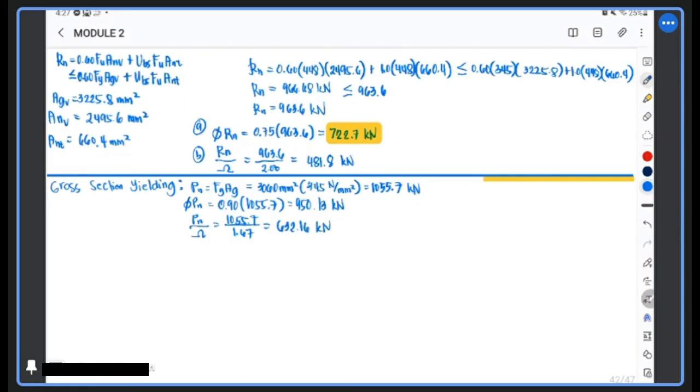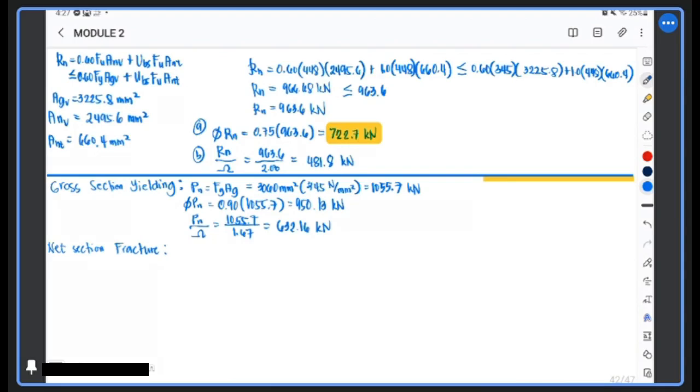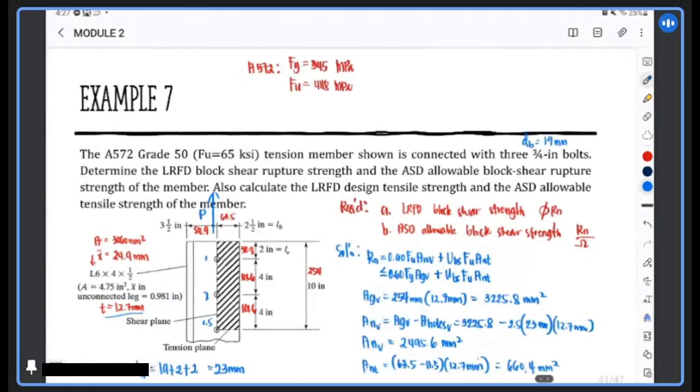And then, we have to check for net section rupture or fracture. So, we have to compute for the net area.